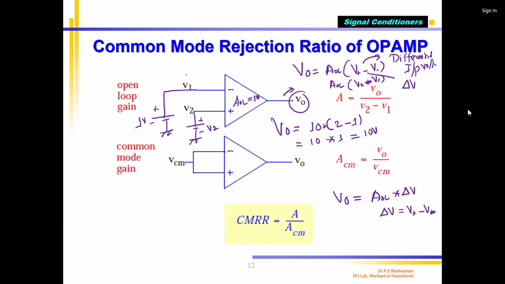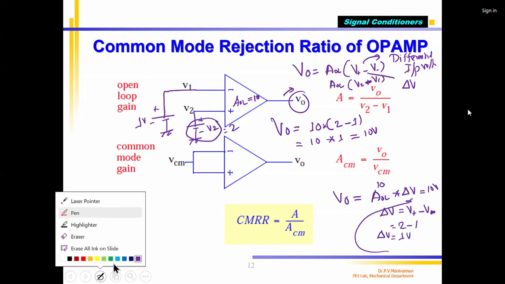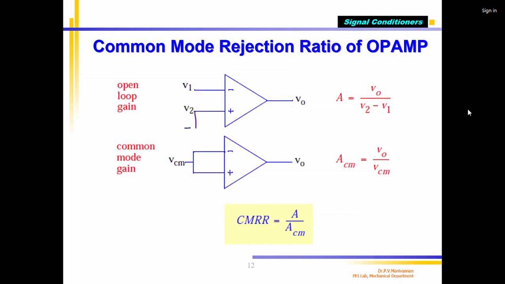Both are the same, nothing to get confused about. So if I gave 2 volts here and 1 volt here, automatically delta V equals 2 minus 1, which equals 1 volt. Now this is substituted here. I said A0L is 10, so V0 will be 10 volts. Okay. Now instead of that, for example, I give 1 volt here.